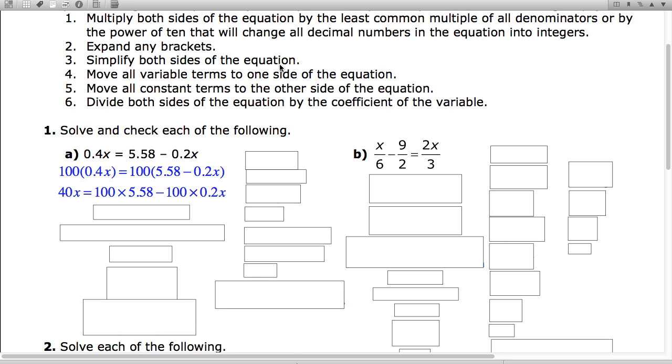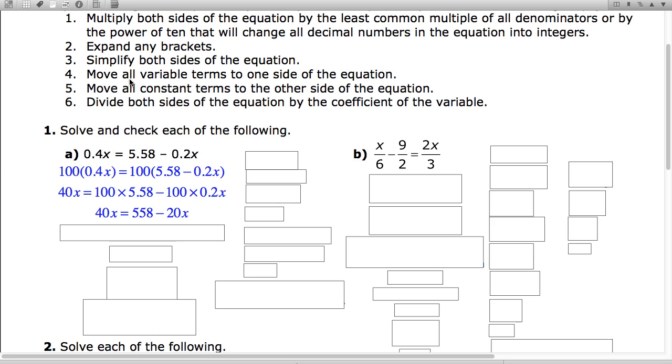Step number 3 is to simplify both sides of the equation. There's nothing you can do with the left-hand side, so it remains at 40x. On the right-hand side, 100 times 5.58 is just 558, and 100 times negative 0.2x is going to be negative 20x. There's no further simplification that can be done.